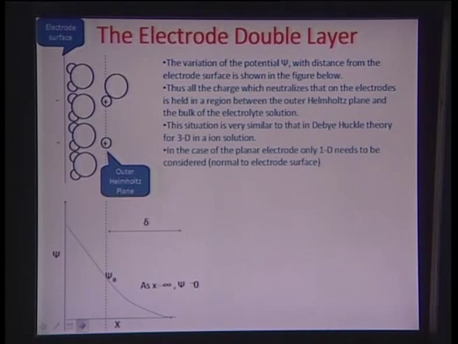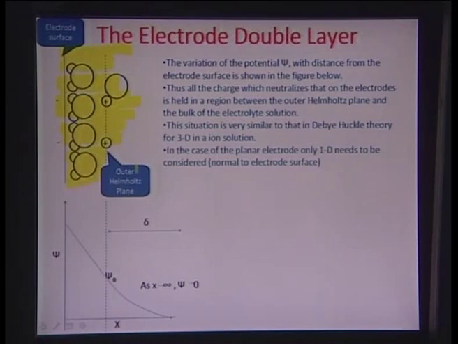So, let us do some detailed modeling and studying of how we can use Poisson's equation to find out the behavior of potential as we move outwardly from the electrode all the way to the solution.